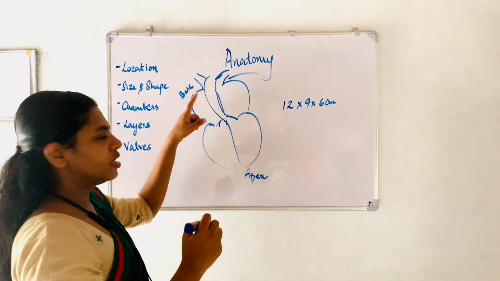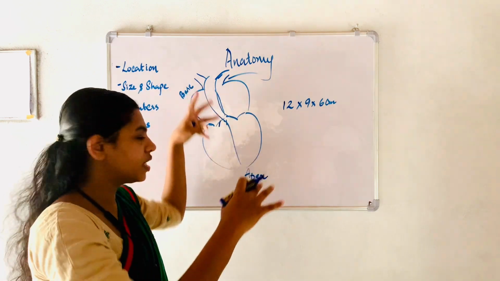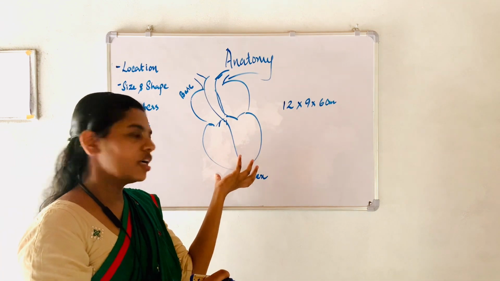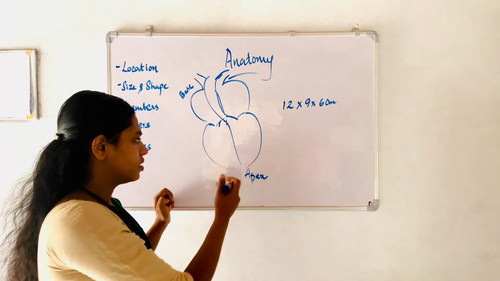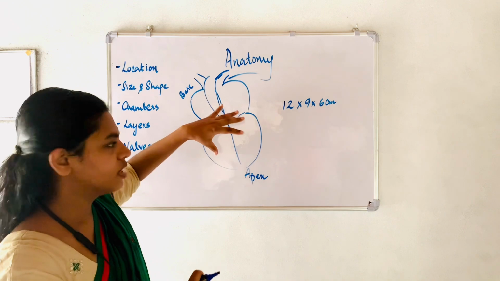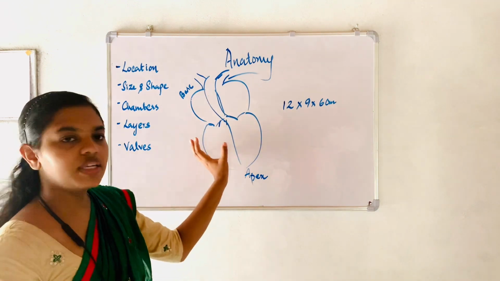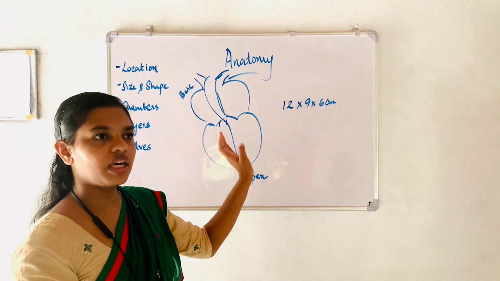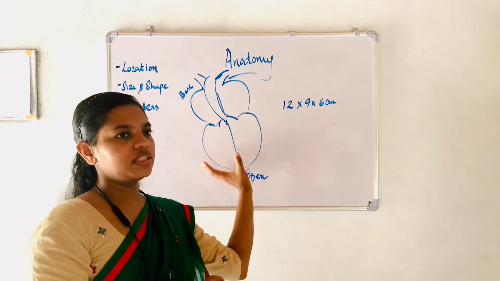Base is the area where the great vessels go outside, the broader part, and the cone shaped area is the apex of the heart. The heart is a little curved to the left, so the right ventricle comes to the anterior portion. Right ventricle is in the anterior portion and left ventricle goes a little behind, and it is like this.